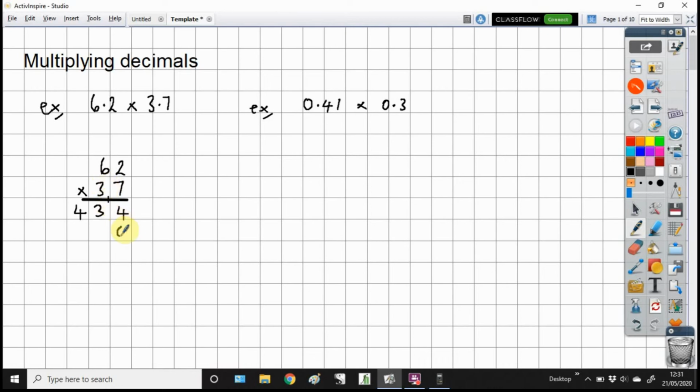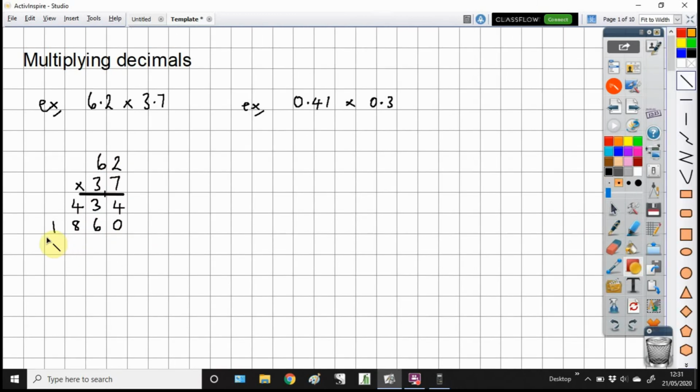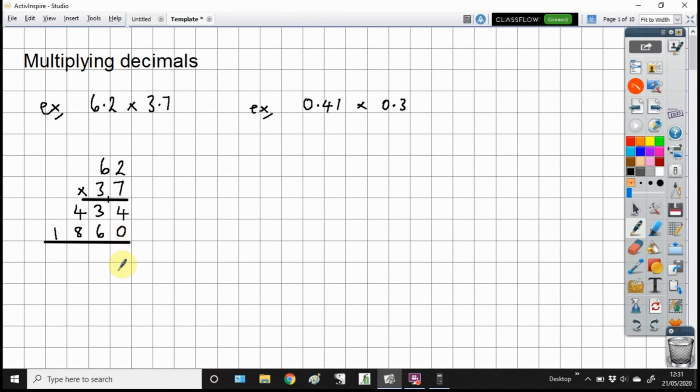So to allow for it being in the tens column, we put a 0 in there. 3 2s are 6, 3 6s are 18, and we now add up the results of that, and so we've got 4, 9, 12, so carry the 1, and so we've got 2,294. That's the answer to 62 times 37.